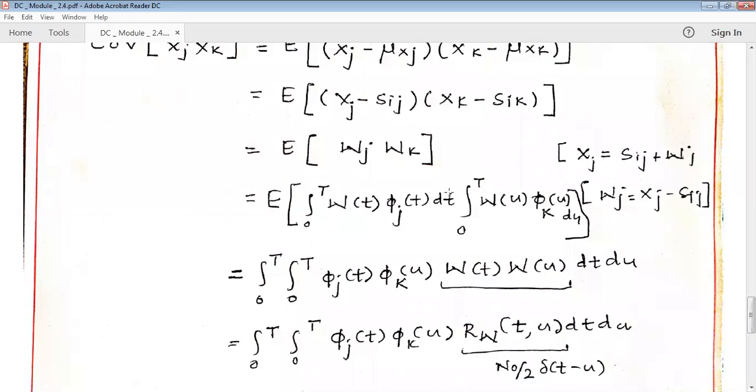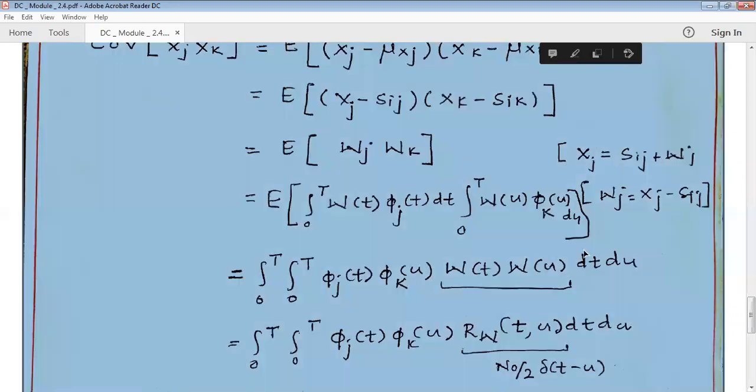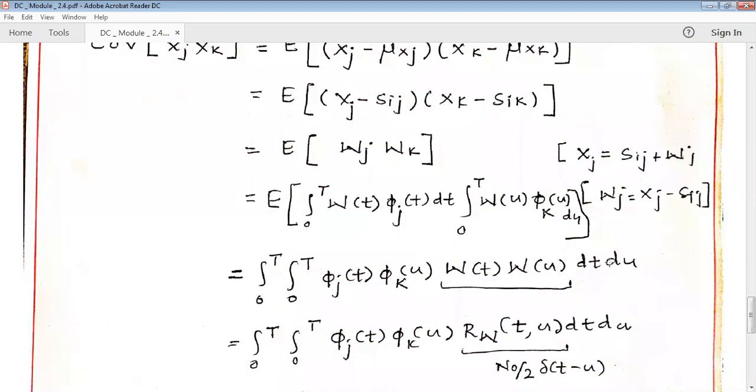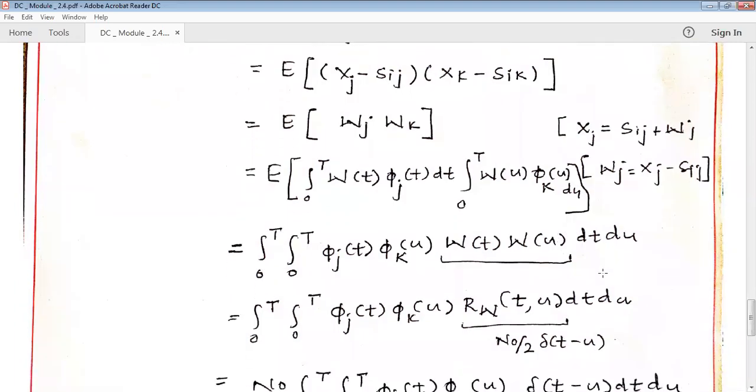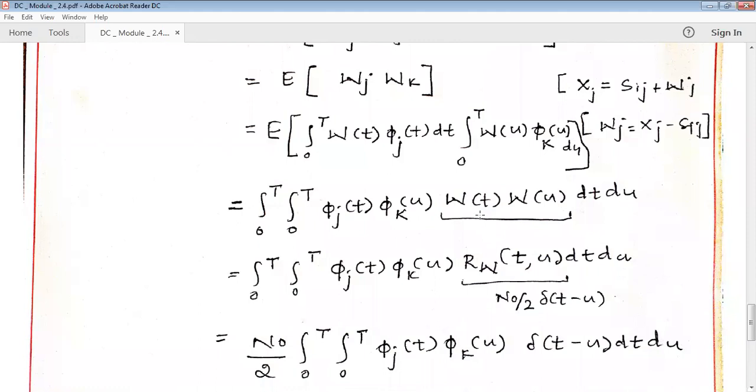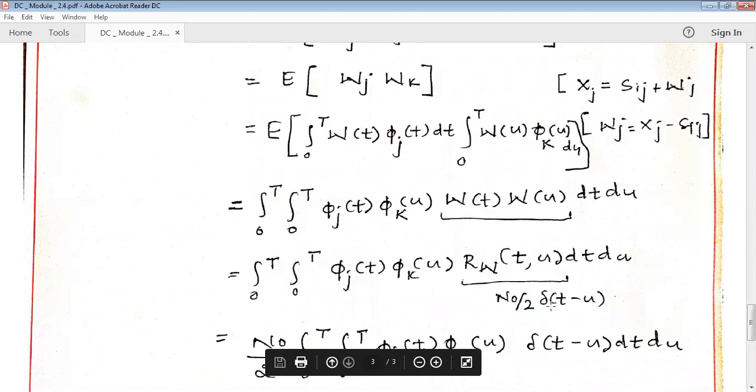Again, combine both the integrations along with these basis functions, that is phi j of t and phi k of u, and take the expectation of w of t as well as w of u and integrate the whole thing with respect to dt and du. And the expectation of w of t and w of u is given by Rw of t comma u, which is basically the autocorrelation function, given by N naught by 2 delta of t minus u.